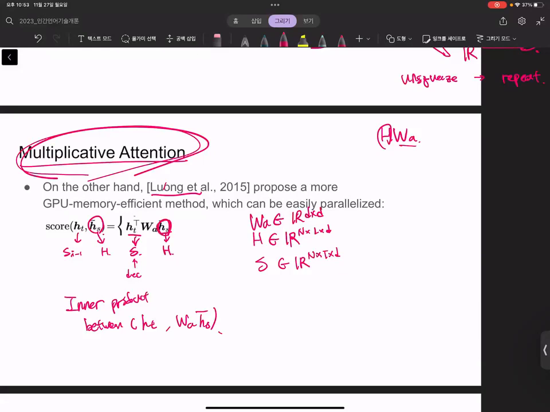So if we treat this as column vector, then this will be 1 by D. And here, this is L by D, right?